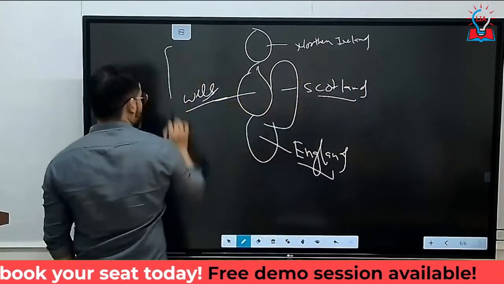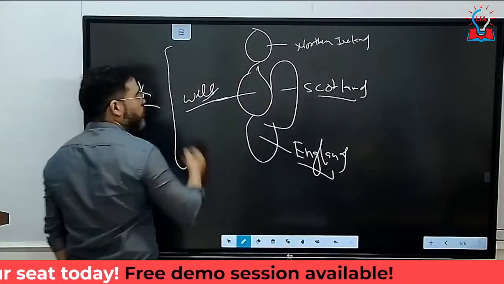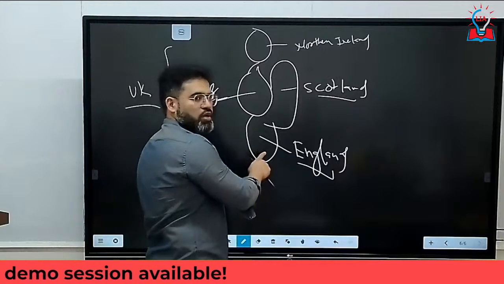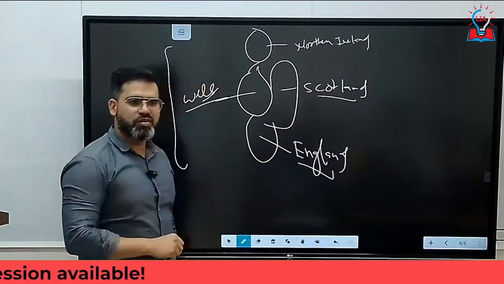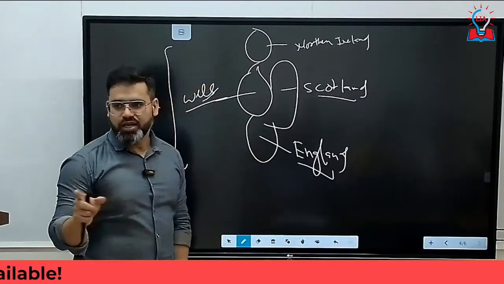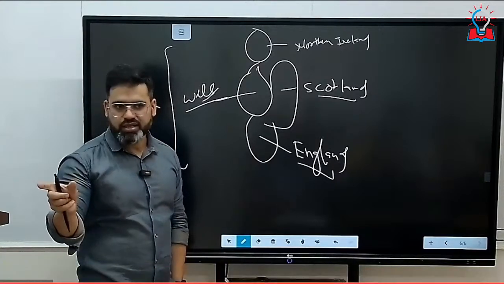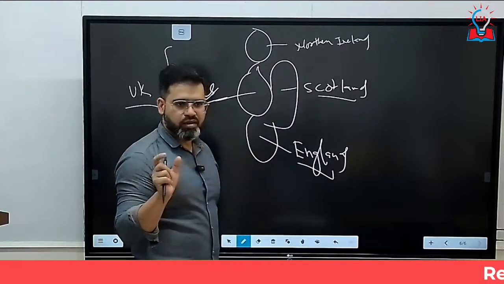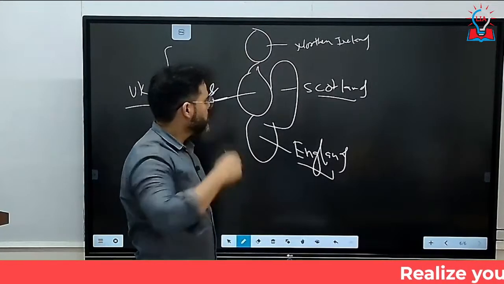This entire thing is UK. हम लोग इंग्लैंड बोलते हैं sometimes. So England is just part of UK. जैसे आप इंडिया को उत्तर प्रदेश बोलने लगो. But आपको पता है इंडिया is not उत्तर प्रदेश. उत्तर प्रदेश is just one state. Same, England is just one island there. Correct? One island is this England.